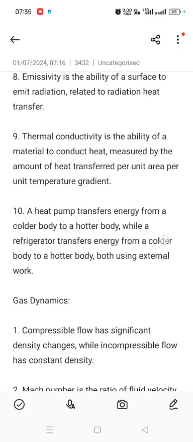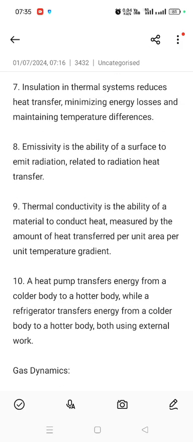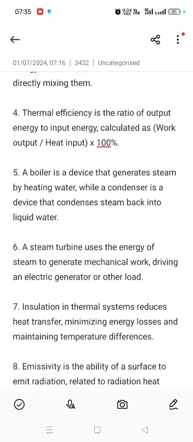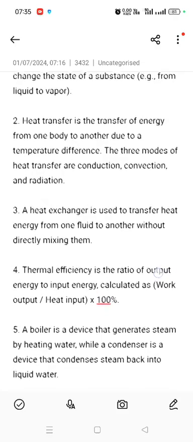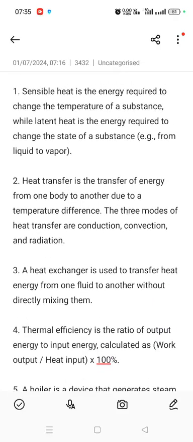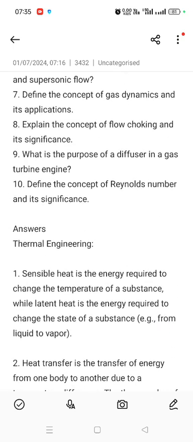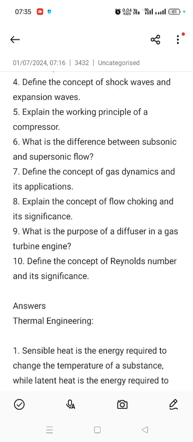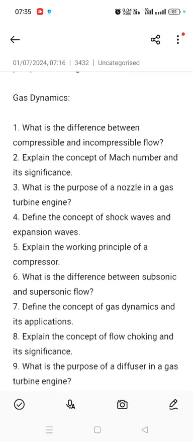As we know, a compressor is also a type of pump which increases density and in turn increases pressure.